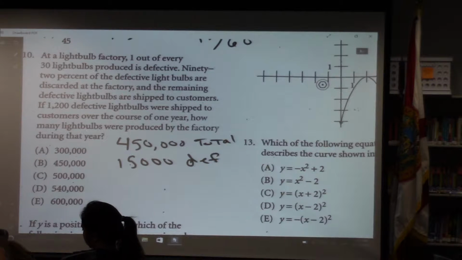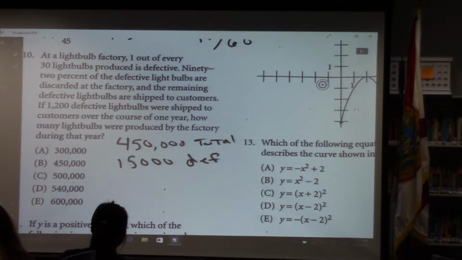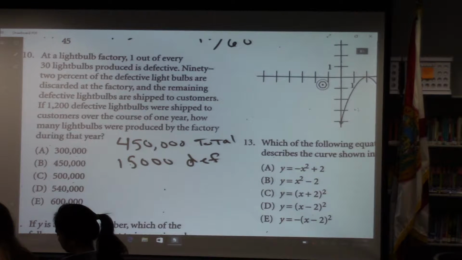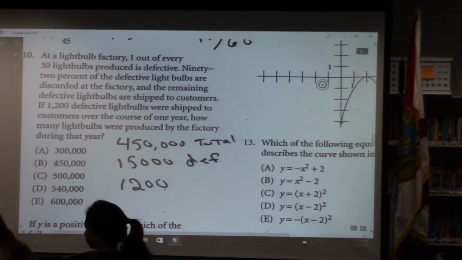So if 92% are discarded, what percent is kept? 8. I meant 8. 8% are kept. So what is 8% of 15,000? 1,200. So that means the 1,200 were shipped. Is that what we're looking for?